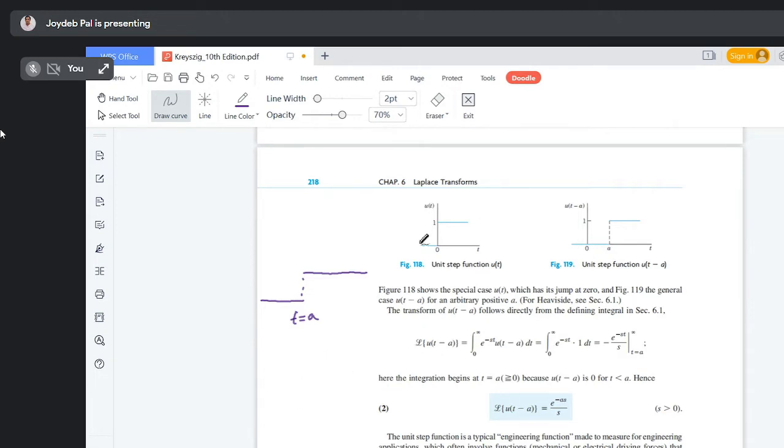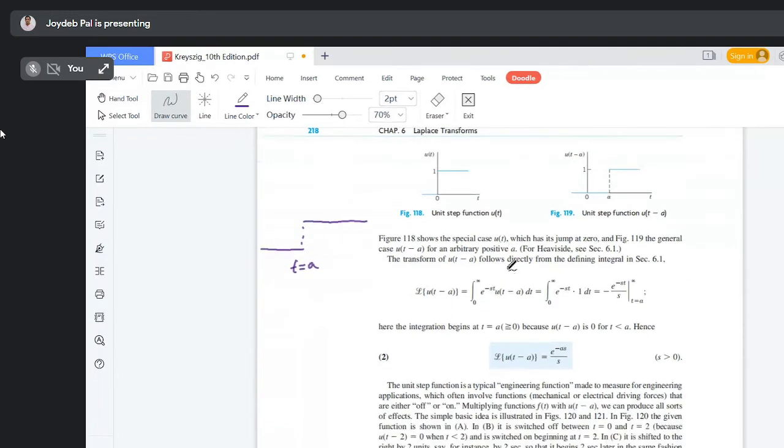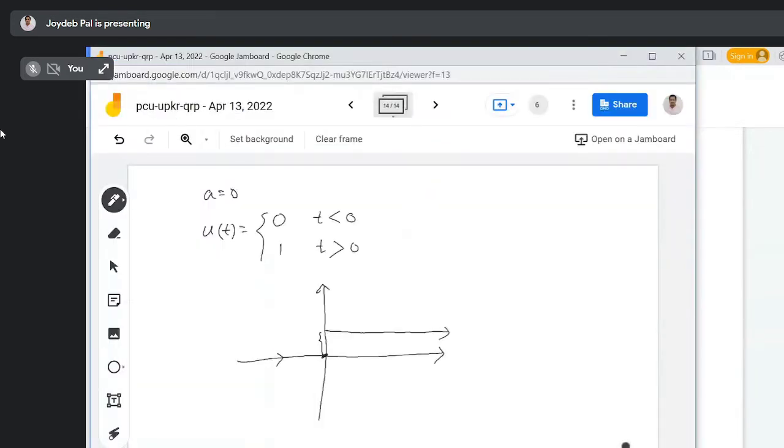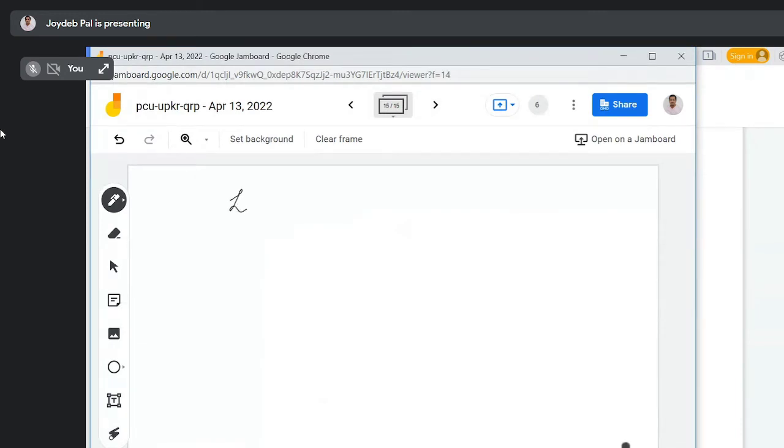Now here we are interested in finding the Laplace transform of this Heaviside function. So what is the formula for the Laplace transform of u(t minus a), that we should know. The Laplace transform of u(t minus a) is equal to e to the power minus as divided by s. We can prove it in a simple way by using the definition, but that proof is not important.